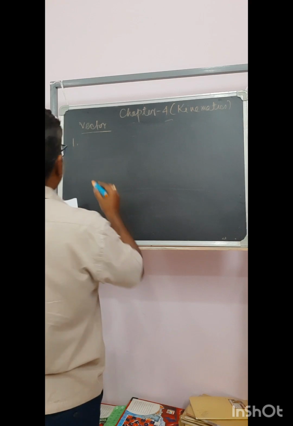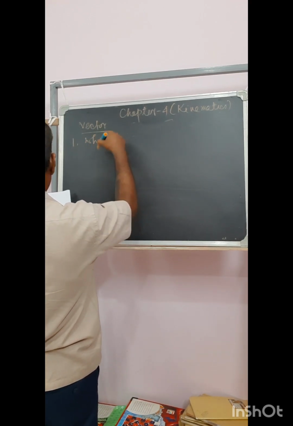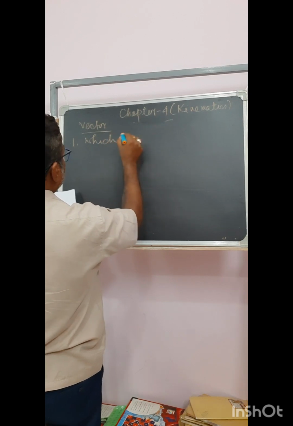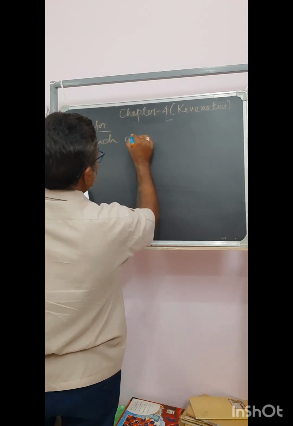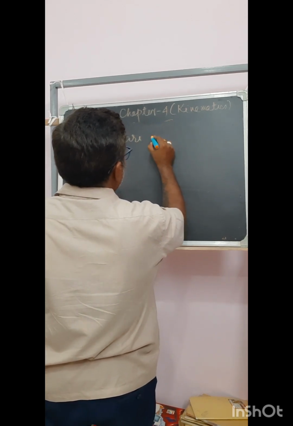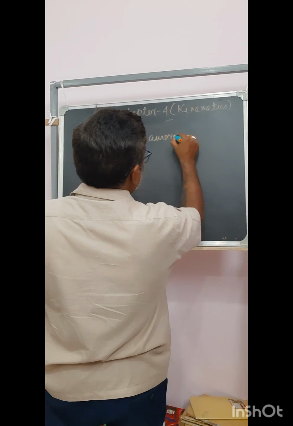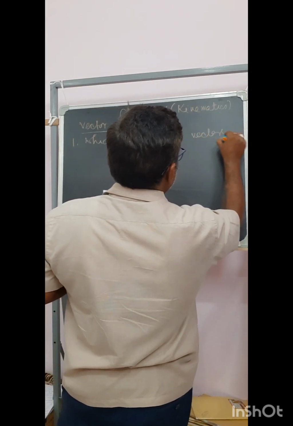Okay. So next comes the vector, in which there are some vectors written following this question. The question is which of these are vectors.